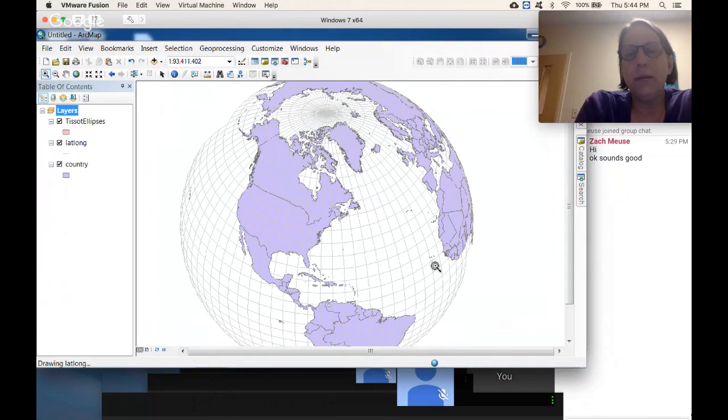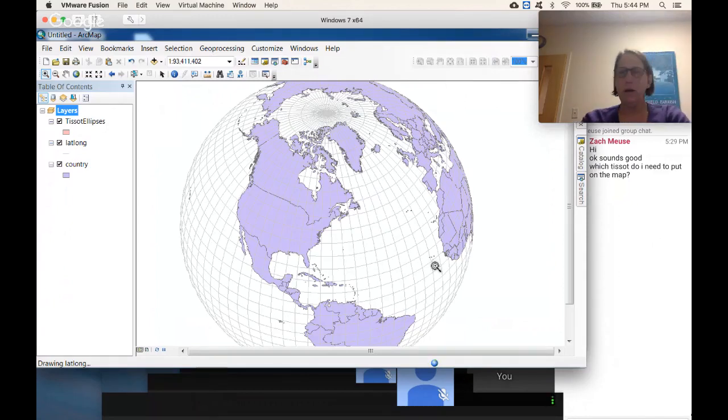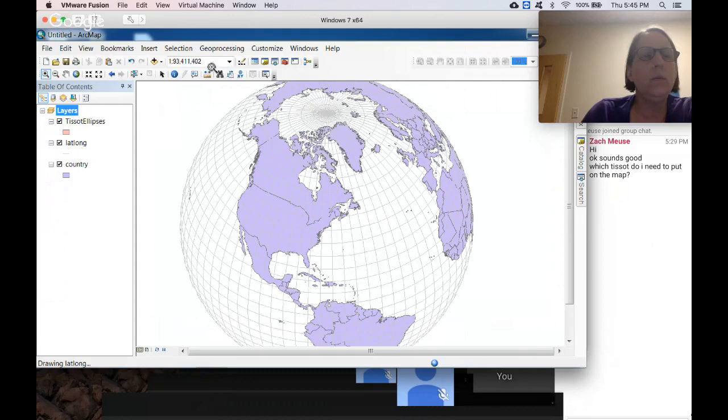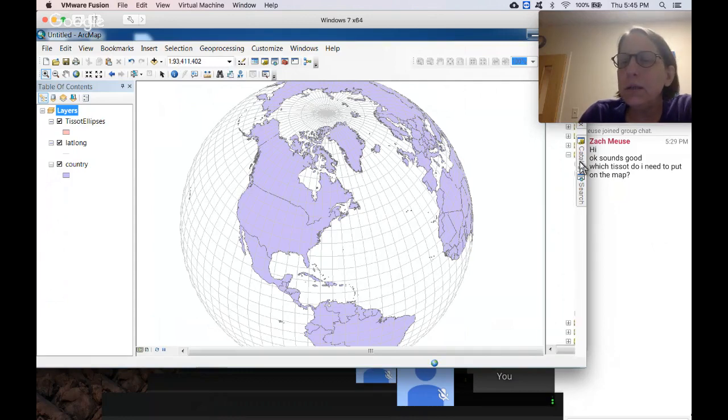I'm not going to manipulate this a lot. I'm mostly just going to be talking about it. While that draws, the Tissot layer that you want are the Tissot ellipses.